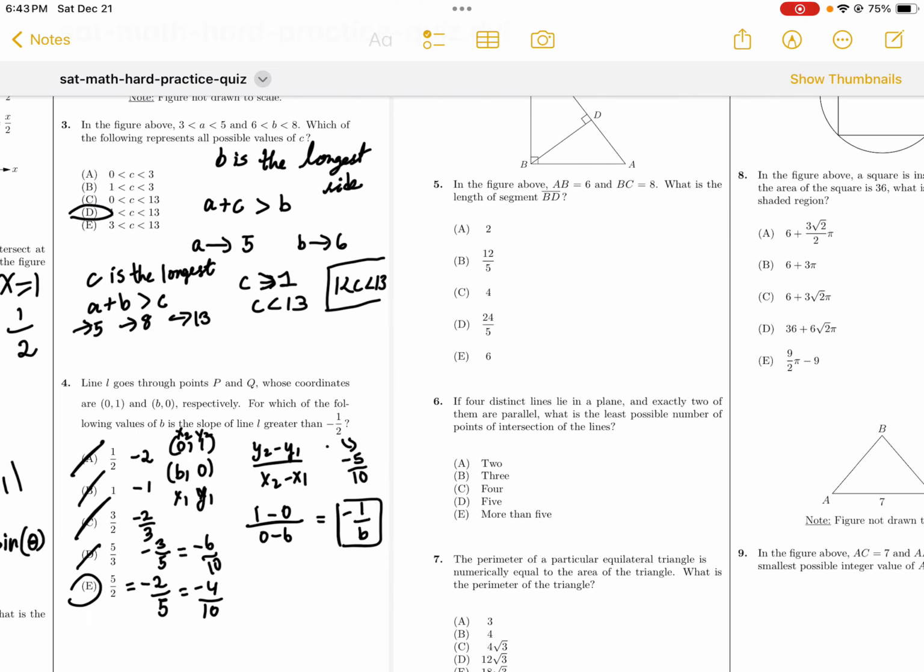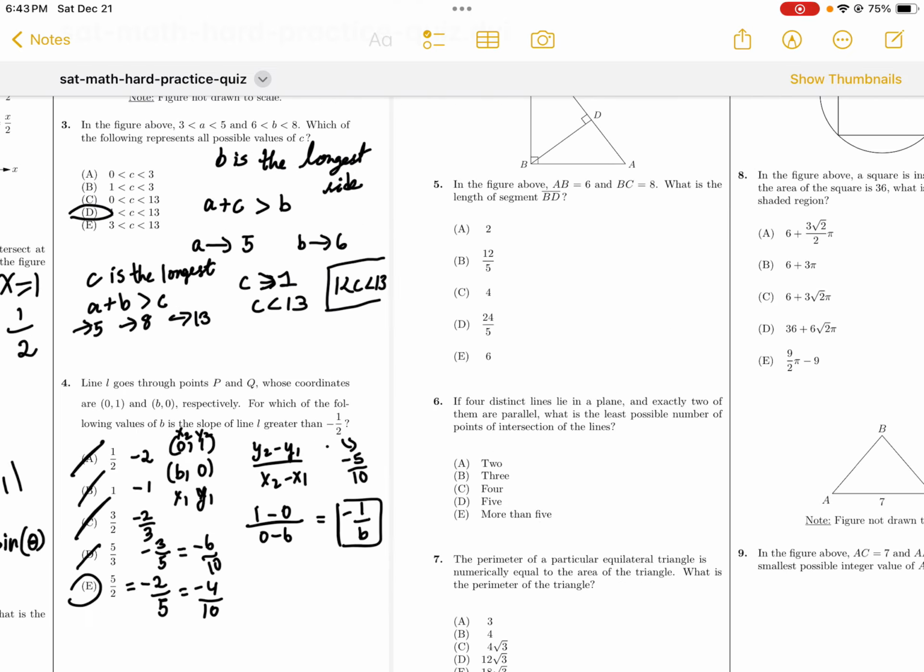BD is, what is it? It's 48 over 10, correct? Which is equal to 24 divided by 5.